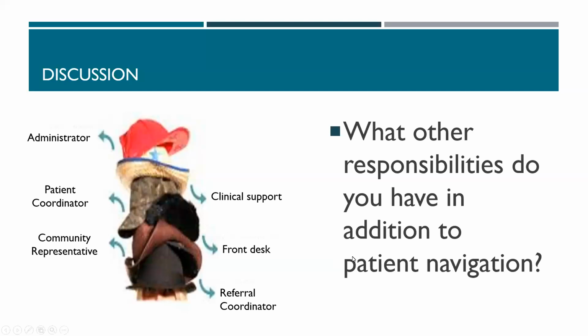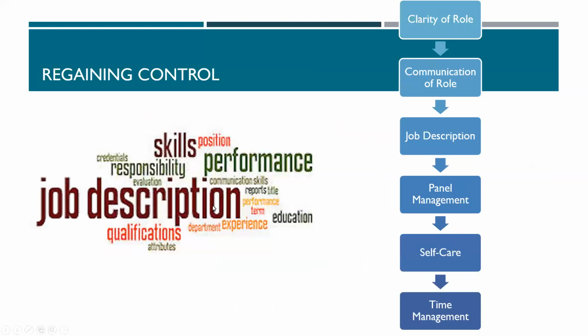All right, thank you. All right, so what we know is that when you have multiple hats, it can be very challenging. So what we're going to talk about is some different ways to help regain control. If you ever feel like you're running around and trying to do the navigation work, and then you have the eligibility work, and there's kind of everything coming at you at the same time.